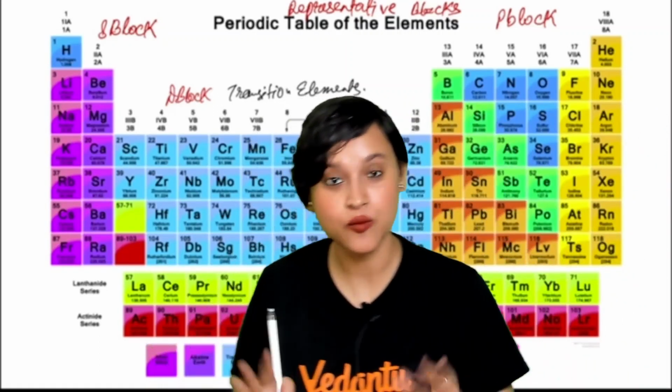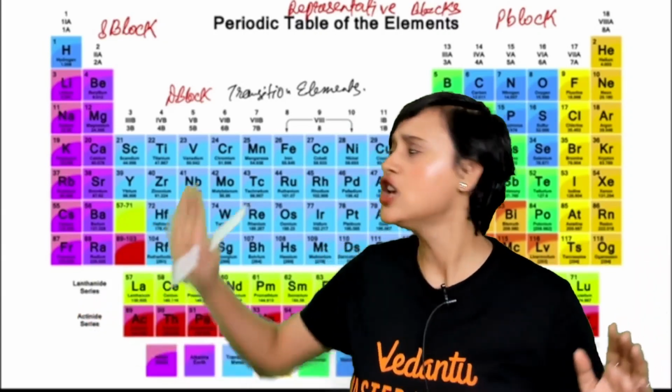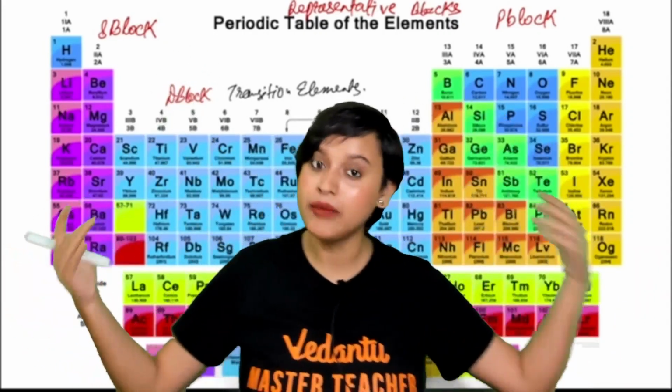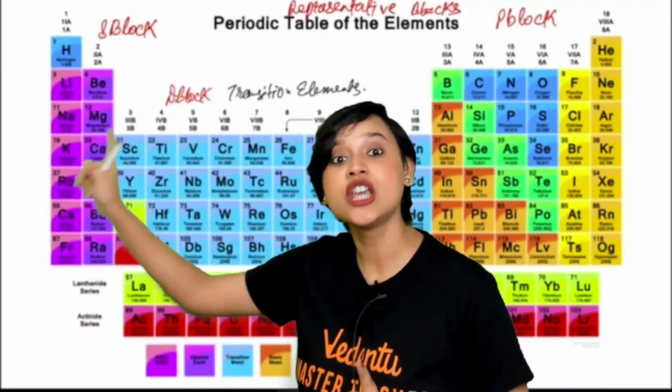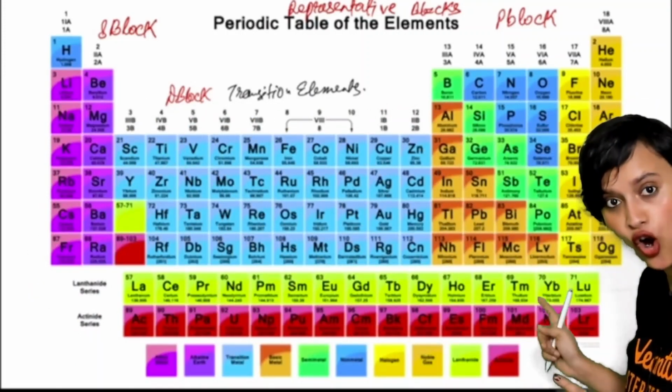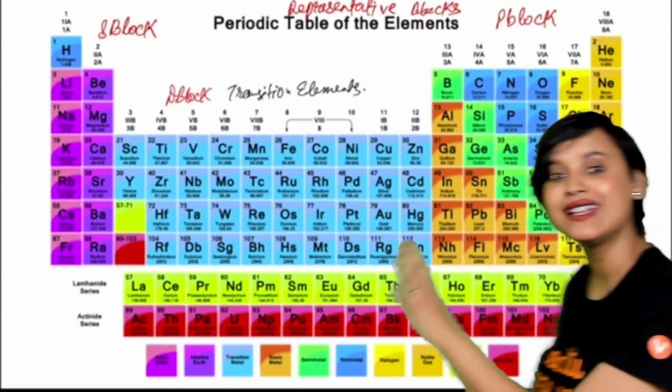Getting my point? So the S block and the P block are the OG blocks of the periodic table, and when the properties change from S to P block, they transition through these D block elements.